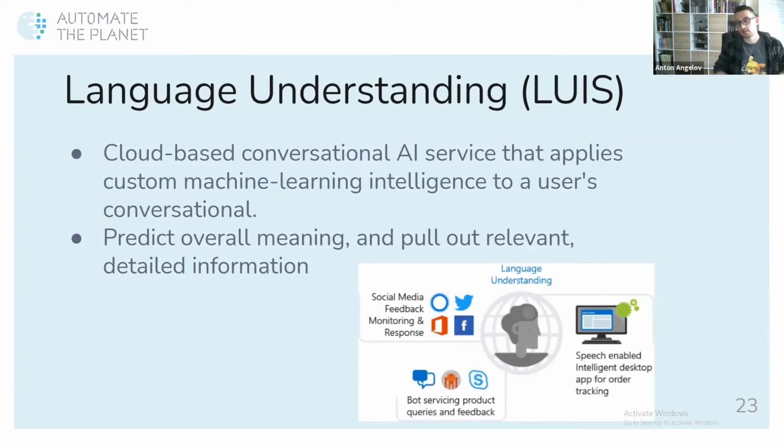The next service that we use in the bot so that it can be a smart bot, so you can chat with it and it redirects you to the right service and triggers the right features, is the so-called LUIS, or Language Understanding Service. This is again a cognitive service provided by Microsoft.